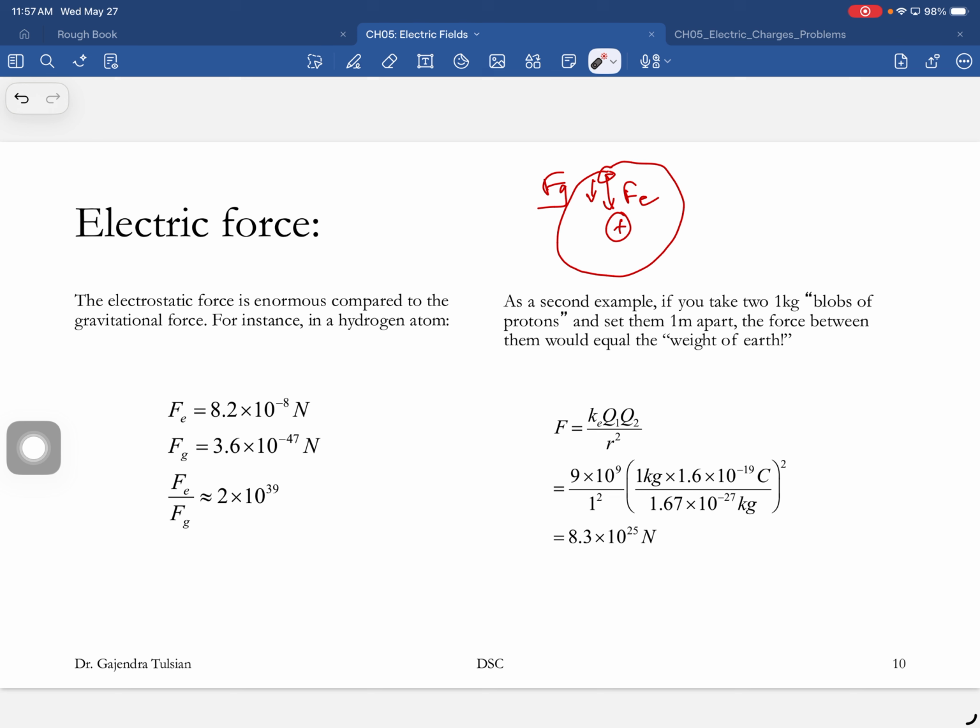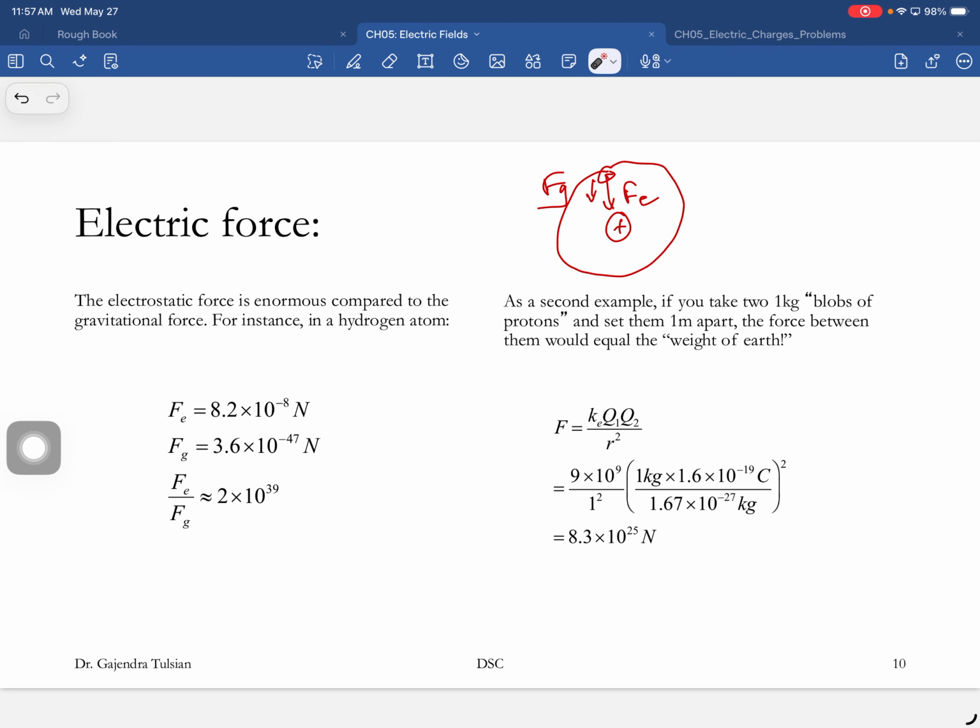Now let's compare these two. The electrostatic force between the proton and the electron, and the gravitational force between this one and that one. Here's the electrostatic force in the hydrogen atom. These are actual numbers. This is the gravitational force. You take the ratio of the two. The electrostatic force is 10 to the 39 times larger than that.